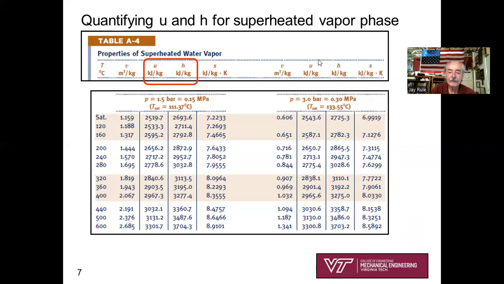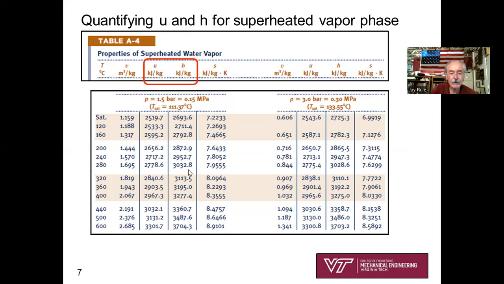Let's say you have a phase of a superheated vapor. You're going to go to the next table down, which is the superheated tables for, say, water. And notice here, I've taken a screenshot out of the book rather than going all the way to the book and going live.